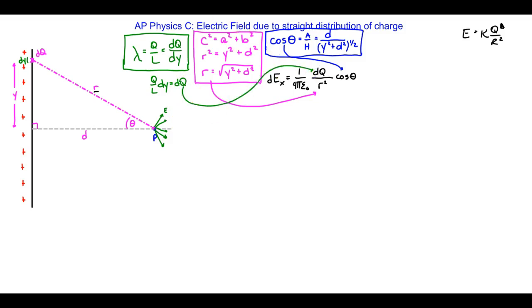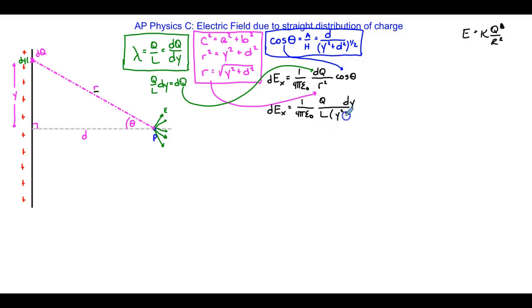Let's go ahead and make all of those substitutions in one fell swoop. So I can say that the differential of the electric field in the x direction is equal to the constant 1 over 4 pi epsilon naught times q over L dy. That's what I've substituted in for dq. R squared is equal to y squared plus d squared.